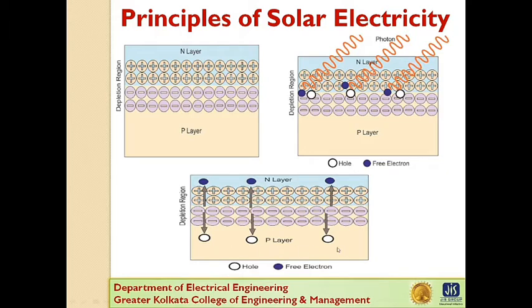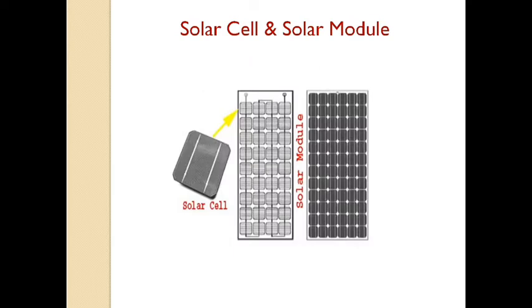This phenomenon creates a charge difference between the layers, resulting in a tiny potential difference between them. The unit of such a combination of N-type and P-type semiconductor material for producing electric potential difference in sunlight is called a solar cell.